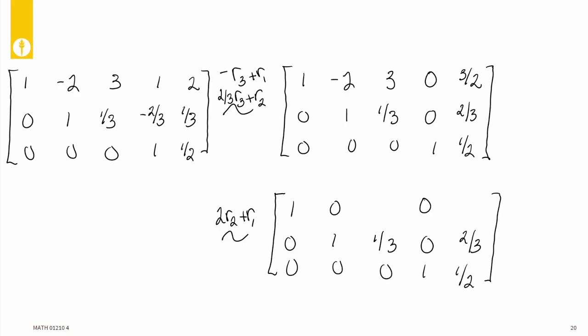So 2 entries we have to find, columns 3 and 5. Two times 1/3 plus 3. 11/3. 2 times 2/3, 4/3, plus 3/2.